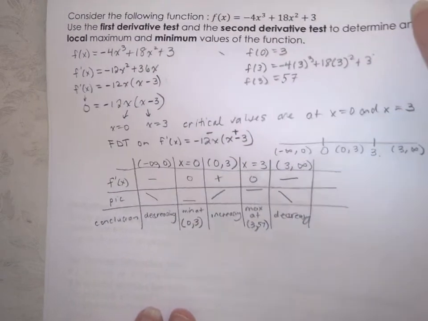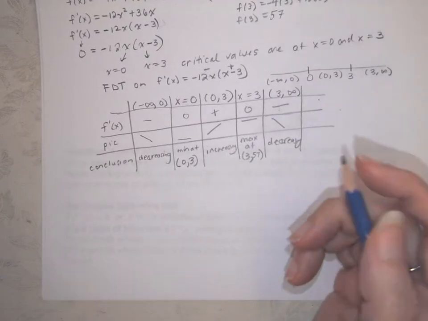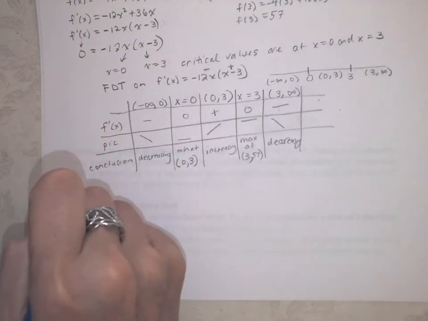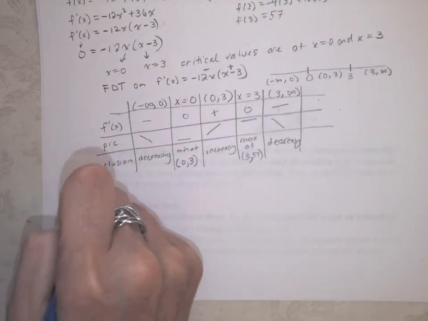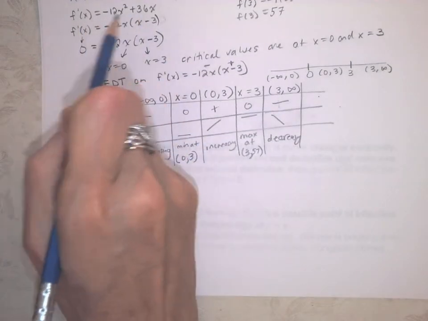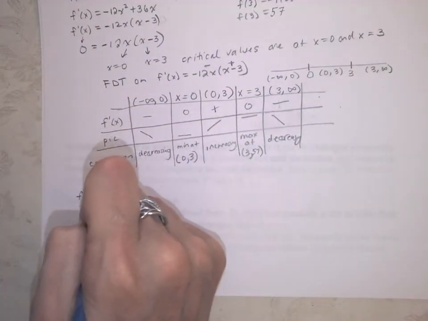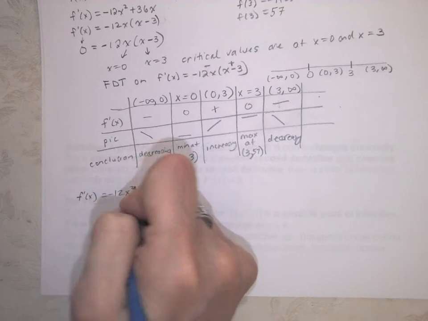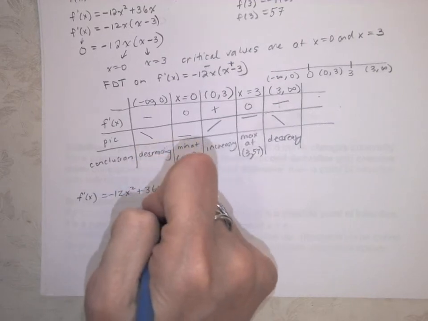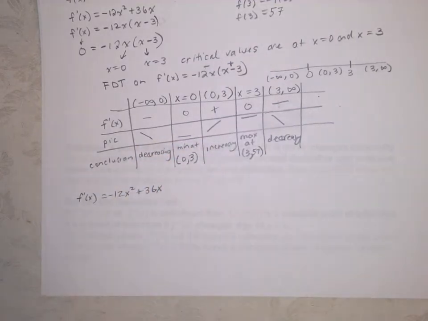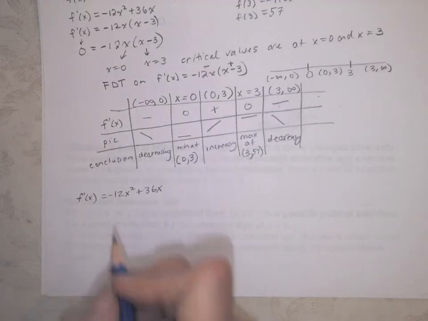Now we'll move on to do our second derivative test. So I'm going to start off with my first derivative before I simplify. So f prime at x is negative 12x squared plus 36x, because this is the easiest form to find the second derivative in. So now we're going to find the derivative of the derivative, or the second derivative.